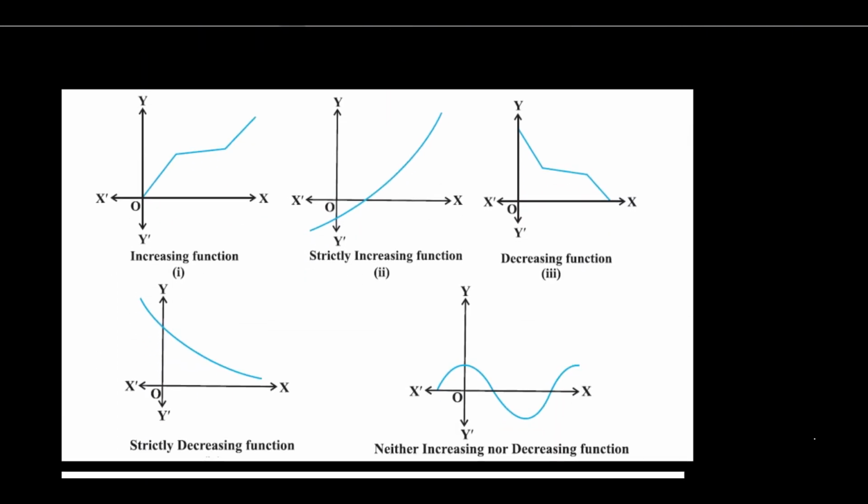See the graph of some functions. It's a graphical representation of such functions. Here you can see increasing function. The function is increasing. This graph is strictly increasing, continuously increasing.